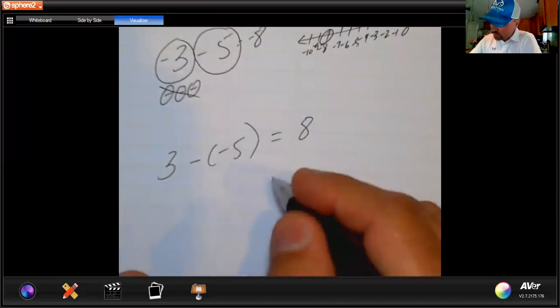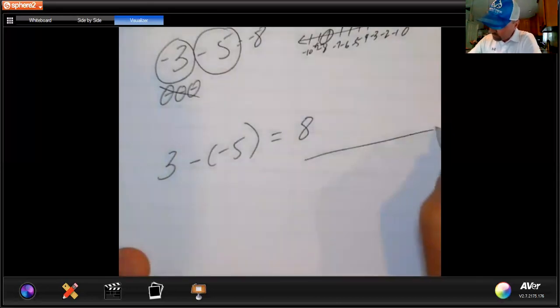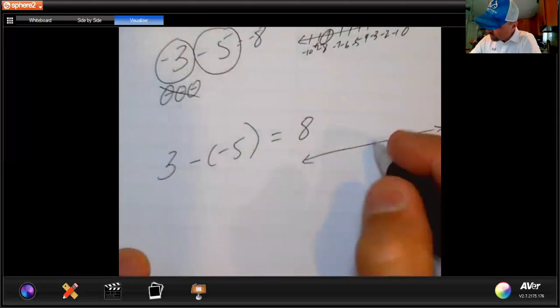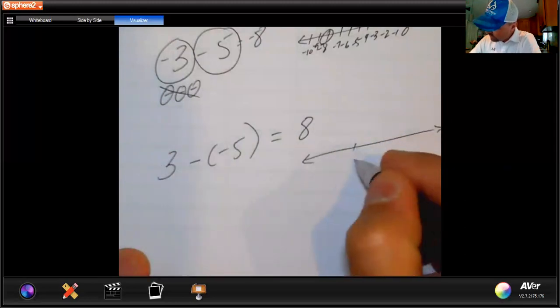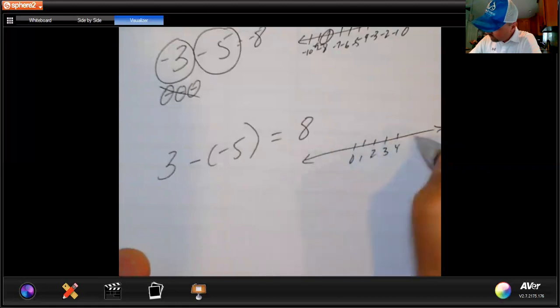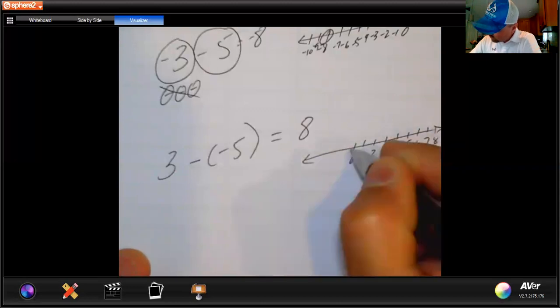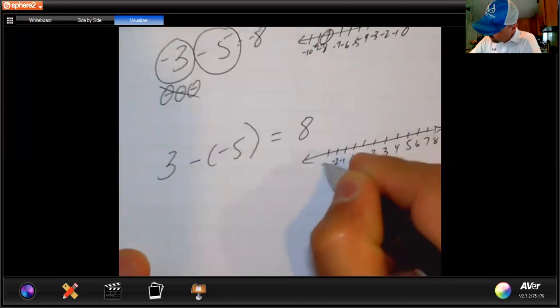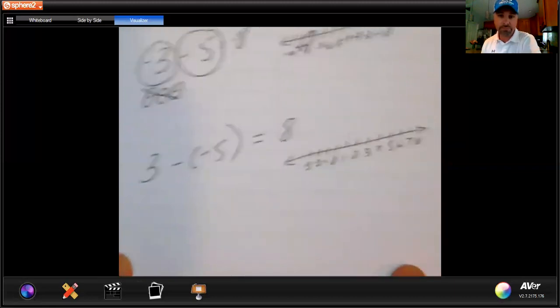Okay. So let's look at the number line. We're going to be starting at 3, so I need to make sure 3 is on there. Okay.